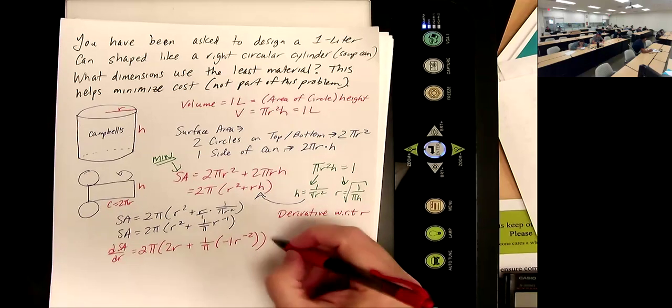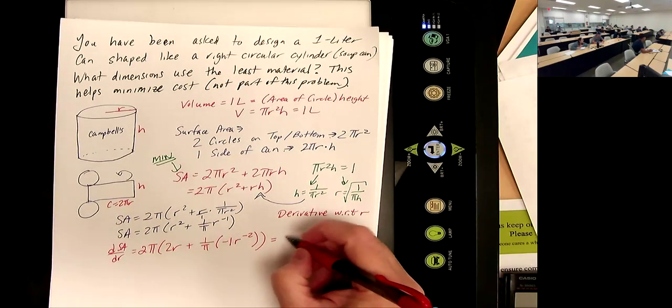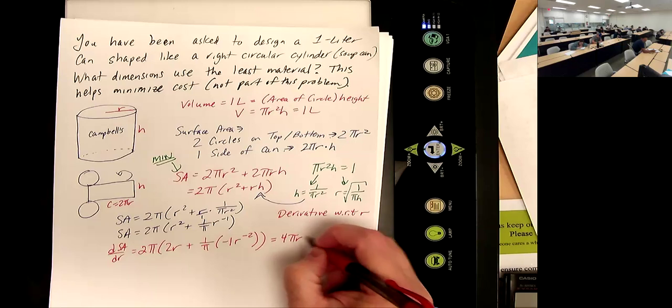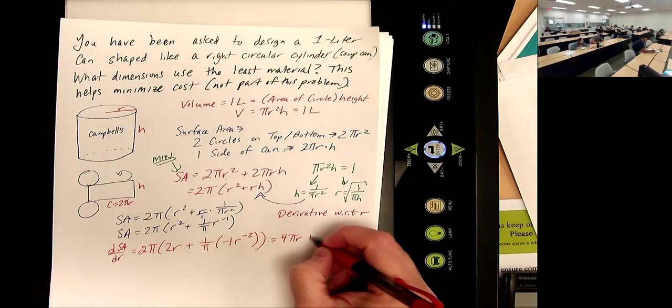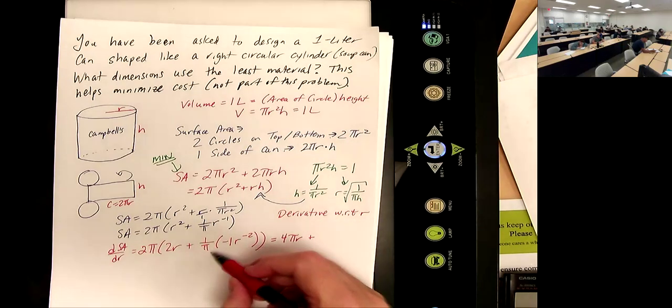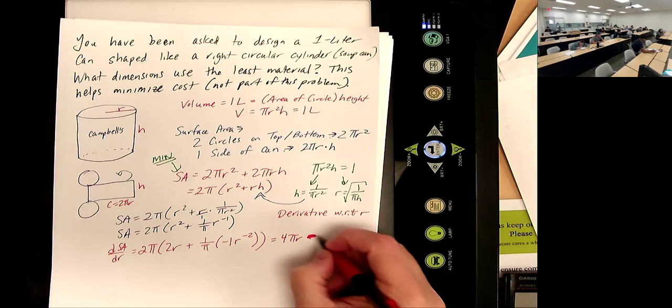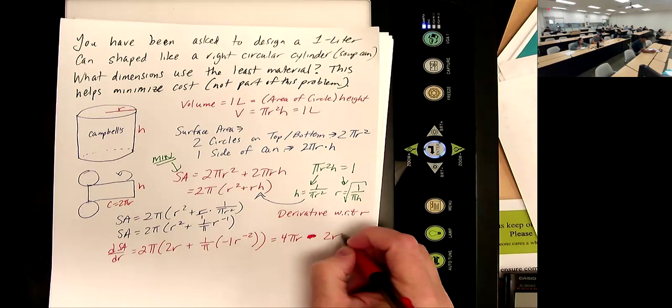And I'm gonna distribute that 2 pi. This will be 4 pi R. Plus, the pi will cancel out on this one, no, not plus, minus. Minus 2R to the negative 2.